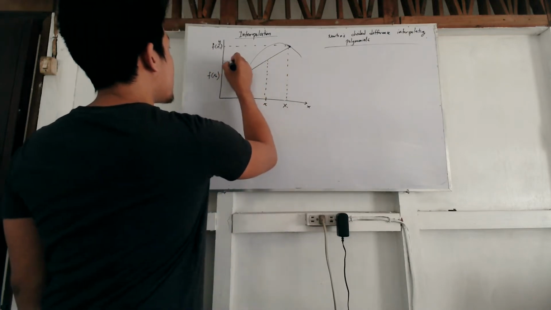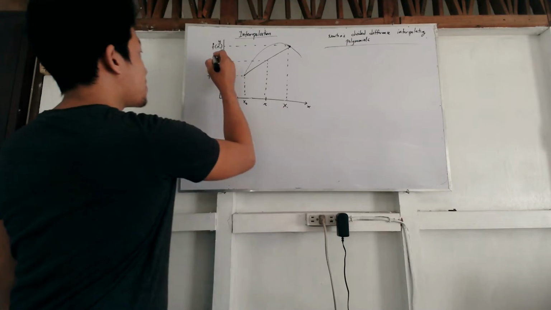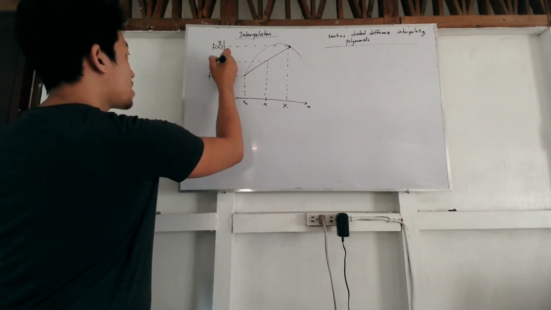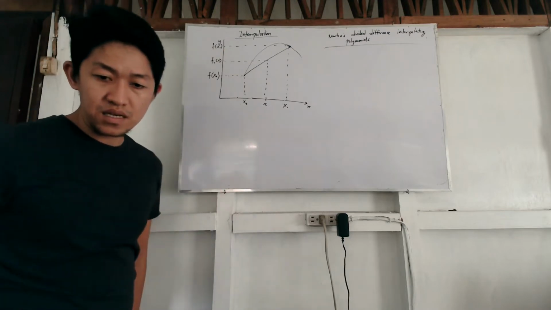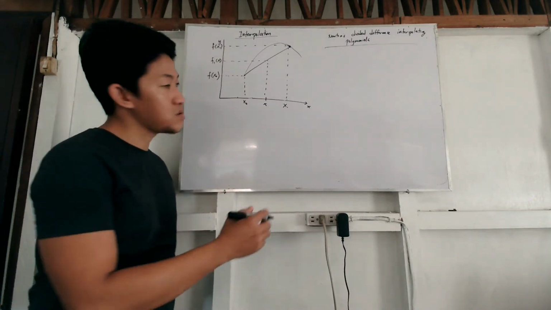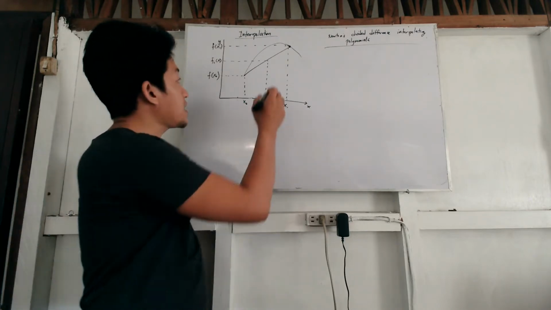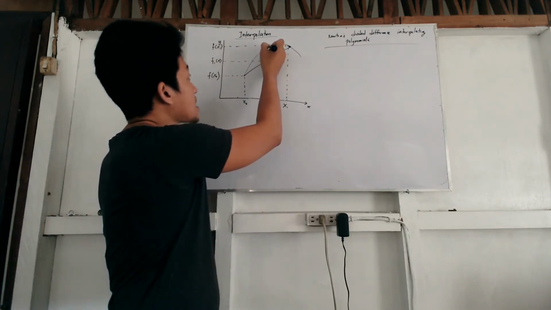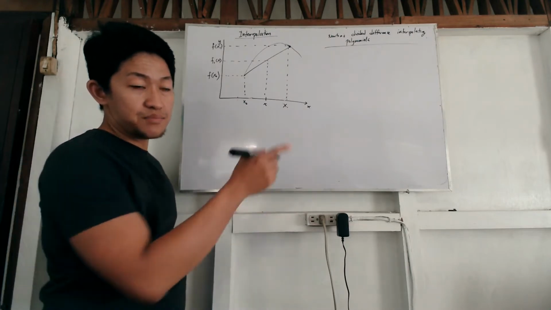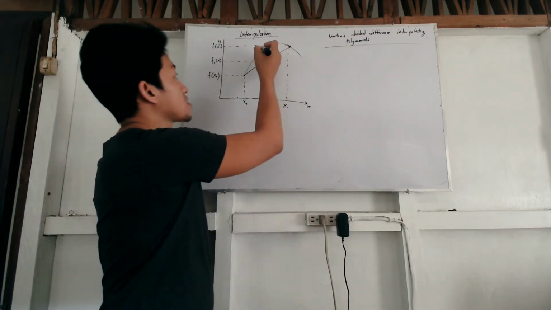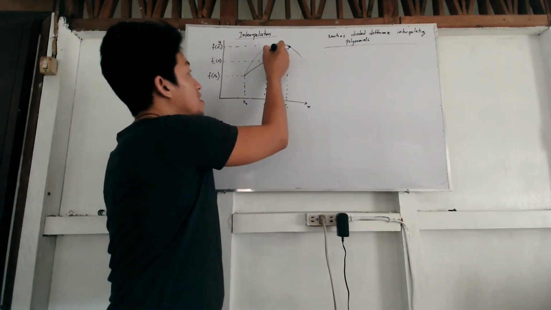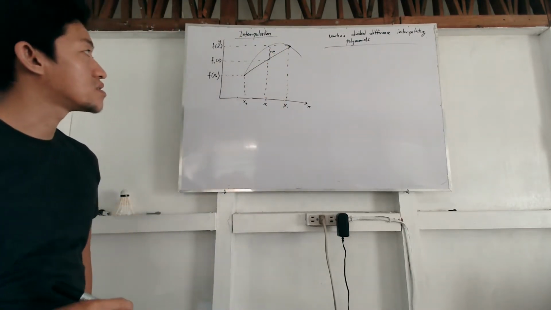Call this one f1 of x, f sub 1. The real value is here, but since we are approximating using this method, there will be an error.